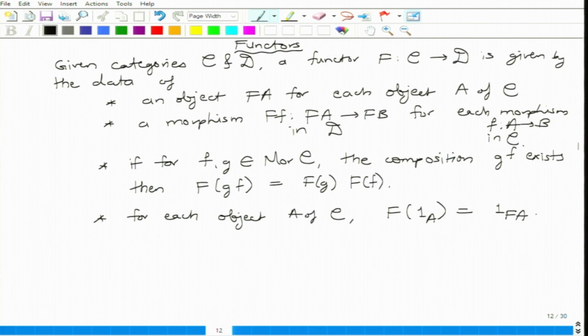Now functors, if you look at them, you can obviously compose functors. If you are taking this category C, then this category D and this category E, you will map it here, then you map it here. So the composition of functors is naturally going to give you a functor.